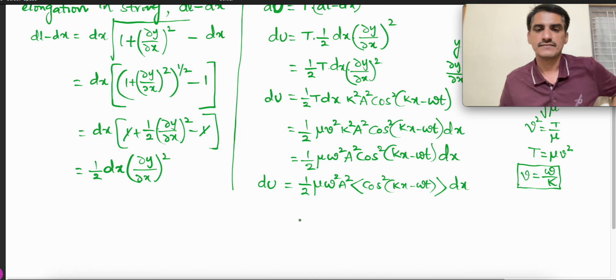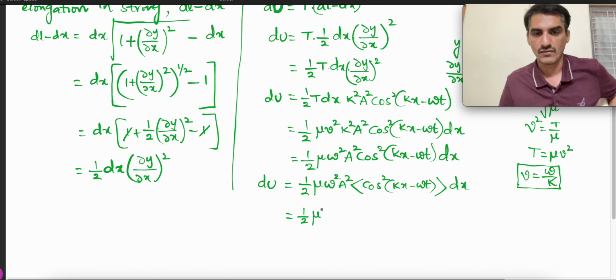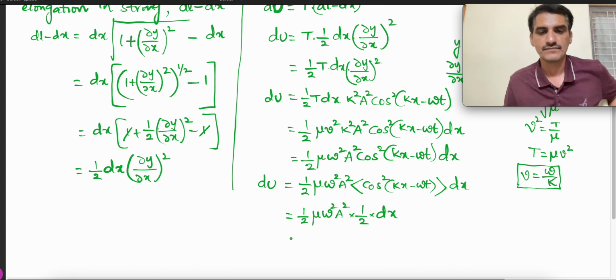With the limits from 0 to lambda, the average value of cos square (kx minus omega t) is nothing but 1 by 2. Remember, half into mu omega square a square into the average value, which we get as 1 by 2, into dx.